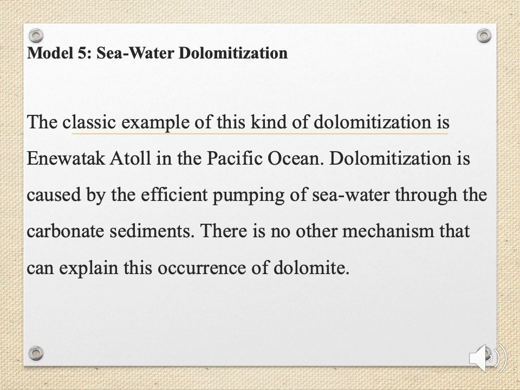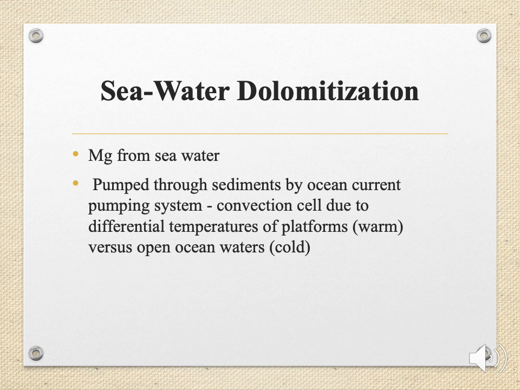And there are no other mechanisms that could explain the occurrence of dolomite in this instance because there is no fresh water on this atoll. There are no evaporites forming, and so they say, okay, it must be the efficient pumping of seawater to form this dolomitization.